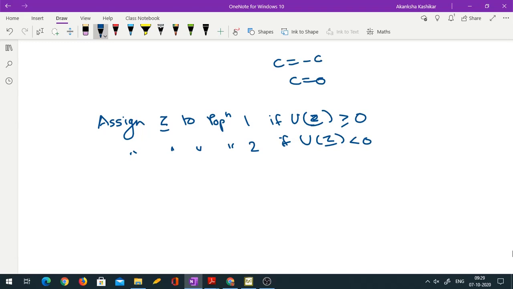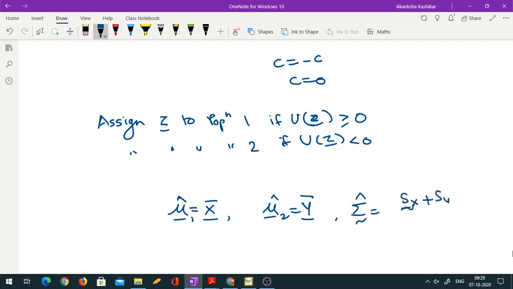Of course, there is one issue in all this derivation. What if I don't know mu1, mu2, sigma? Like we always do, you replace mu1 by mu1 hat, that is the mean of x's, you replace mu2 by mu2 hat, that is the mean of y's, and sigma by the pooled estimate: (Sx plus Sy) divided by (nx plus ny), where Sx, Sy are the respective CSSP matrices.